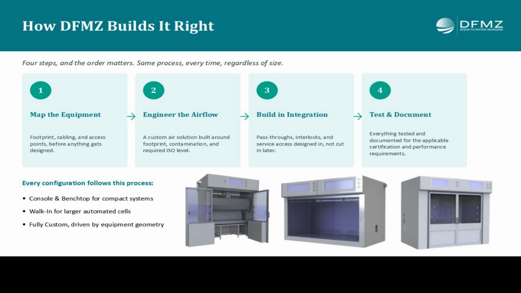And fourth, everything is tested, documented, and prepared for the applicable certification and performance requirements. You'll see this same approach across every configuration we build: console and benchtop units for compact systems, walk-in enclosures for larger automated cells, and fully custom builds when the equipment's geometry demands it. Same engineering process every time, regardless of size.